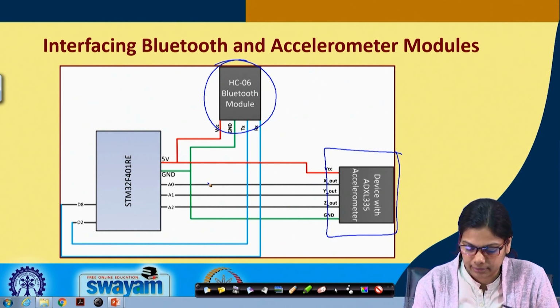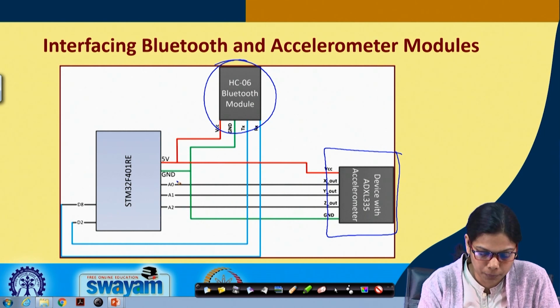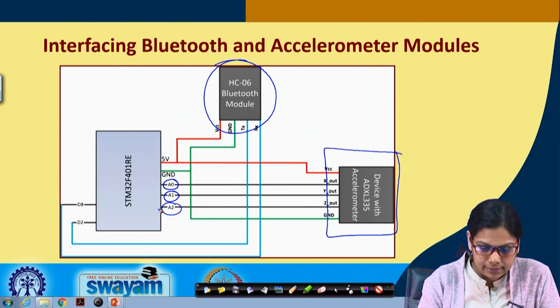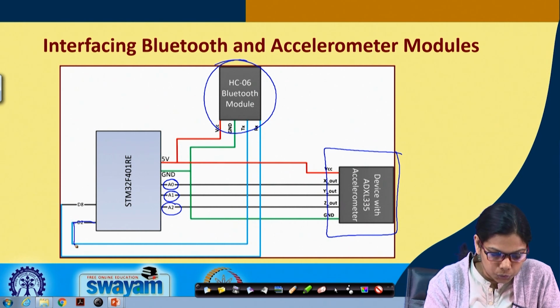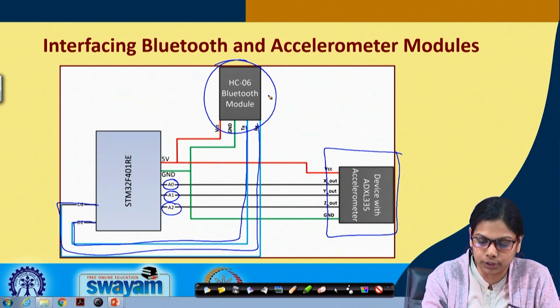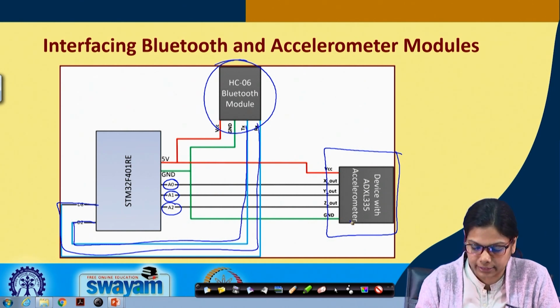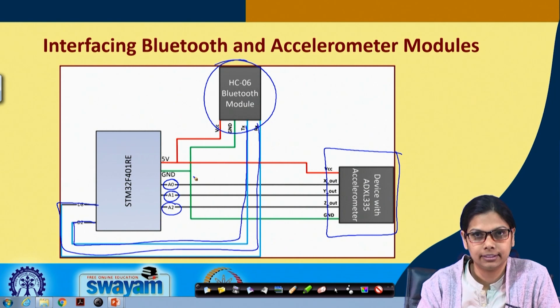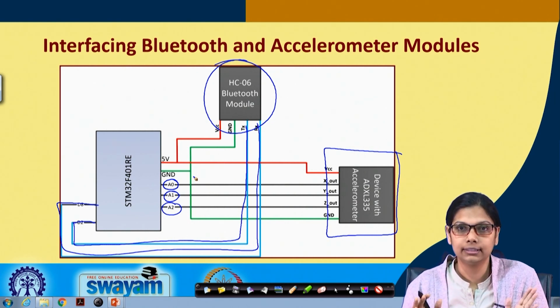So, we can make this connection: the accelerometer is connected to analog ports A0, A1 and A2, and the Bluetooth module is connected to D2 with the TX and D8 with the RX, with VCC and ground for the Bluetooth module and VCC and ground for the accelerometer connected here. This is all about the circuit diagram.